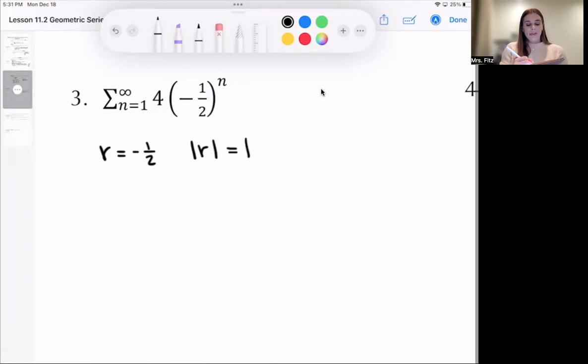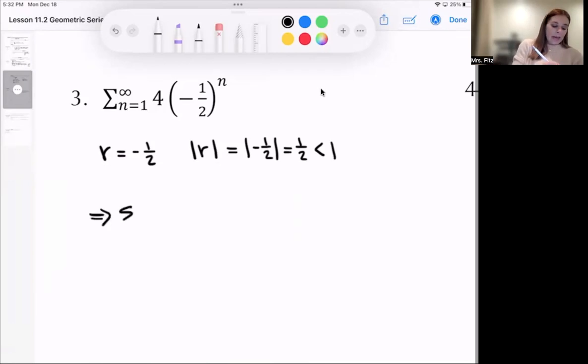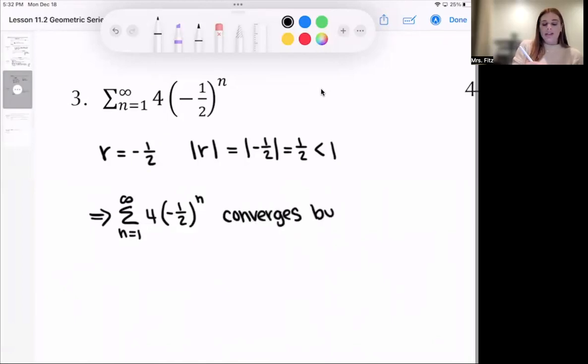The absolute value of negative 1/2 is 1/2, and it is less than 1, right? Because the absolute value of r is less than 1, the sum from n equals 1 to infinity of 4 times negative 1/2 to the nth power converges, and that's by the geometric series test.